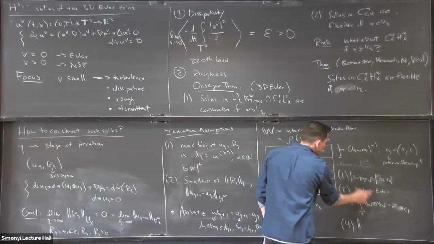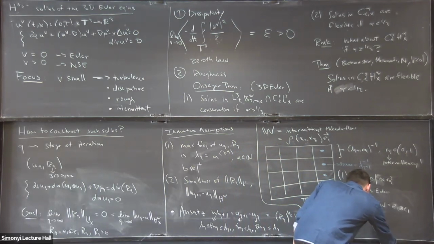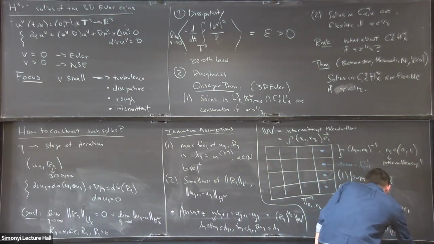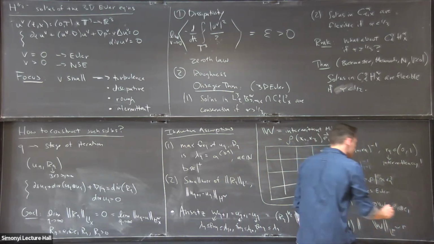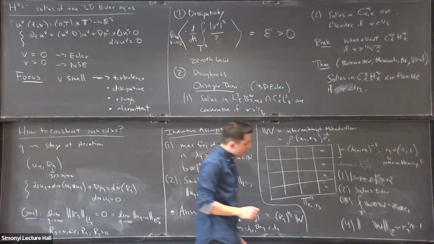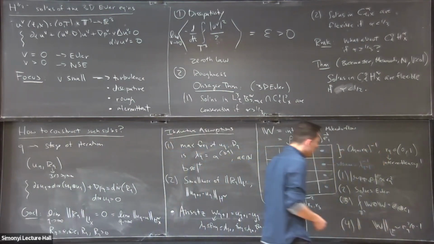And if you just take these two properties and do a little computation, what you see is that the size of this object in LP is like rq to the 2 on p minus 1. So I plug in p equals 2, and I just get something of order 1.